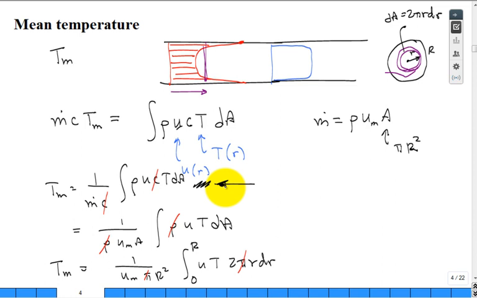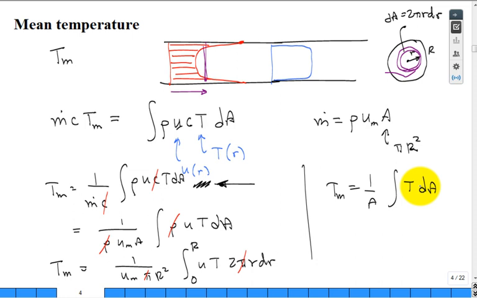Some students, if they've never seen how to do this, they'll say, oh, I think the mean temperature is 1 over area, the integral of T dA. Is that the right answer for the mean temperature? What did it leave out? The velocity. And we're interested in the flow rate. And in the core, it has a faster or larger velocity, hence it has a larger flow rate.